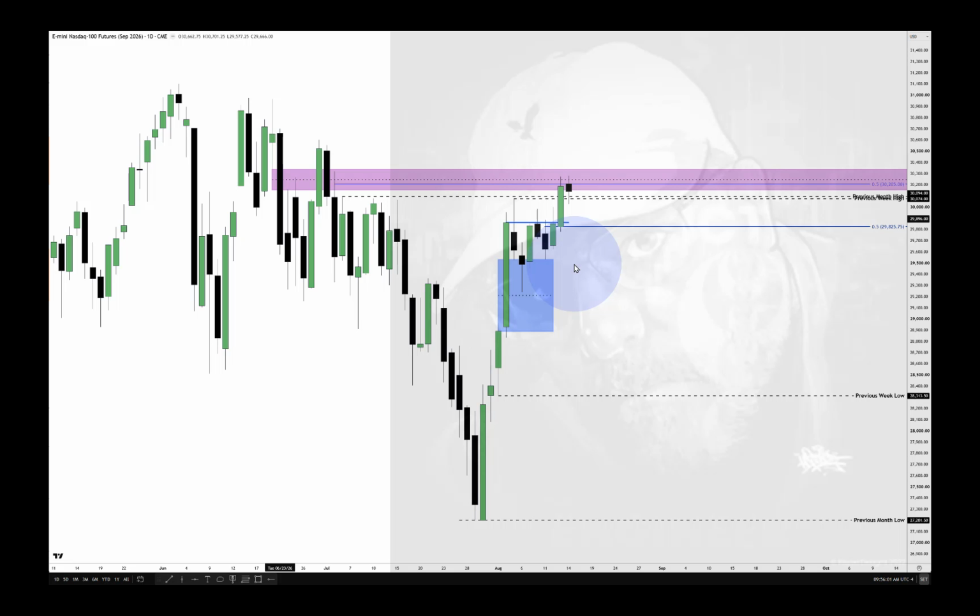Oh, this is blasphemy. ICT is talking about retail bull flags. Well, everything I said about where we're at in relationship to the previous week's high and previous month's high, and the likelihood of it going there versus the previous week's low or previous month's low, holds true here. So that would validate this as a potential bull flag.